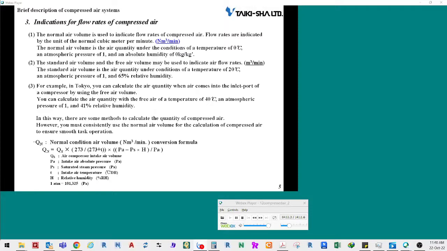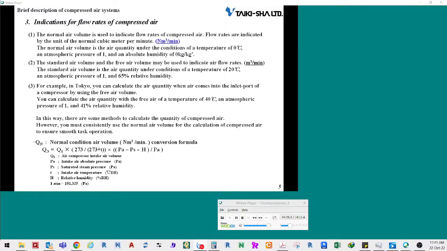For example, in Tokyo, you can calculate the air quantity when air comes into the inlet port of a compressor by using the free air volume. You can calculate the air quantity with the free air of a temperature of 40 degrees Celsius, an atmospheric pressure of 1 and 41% relative humidity.